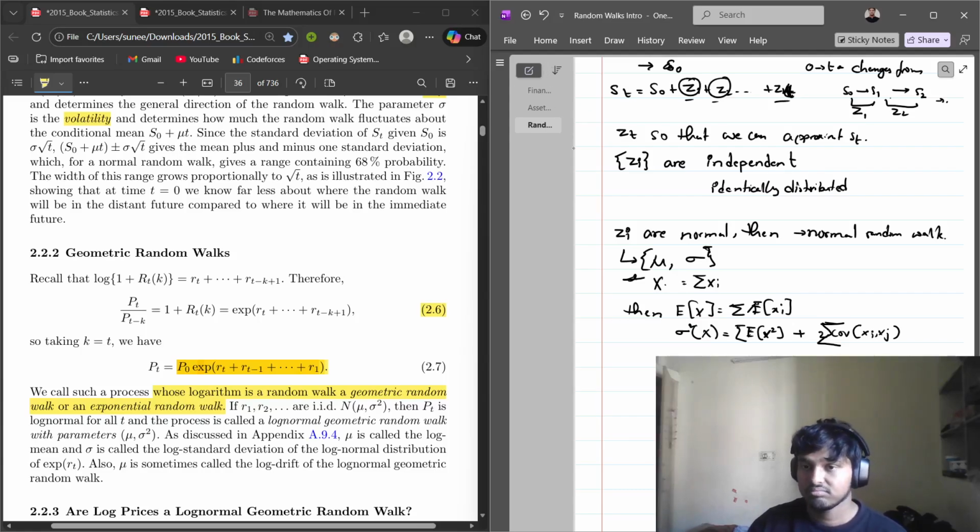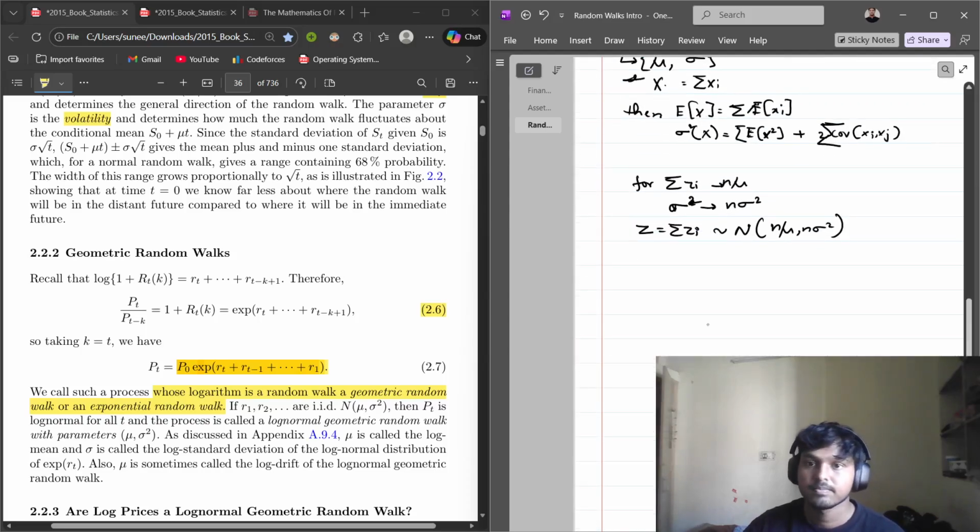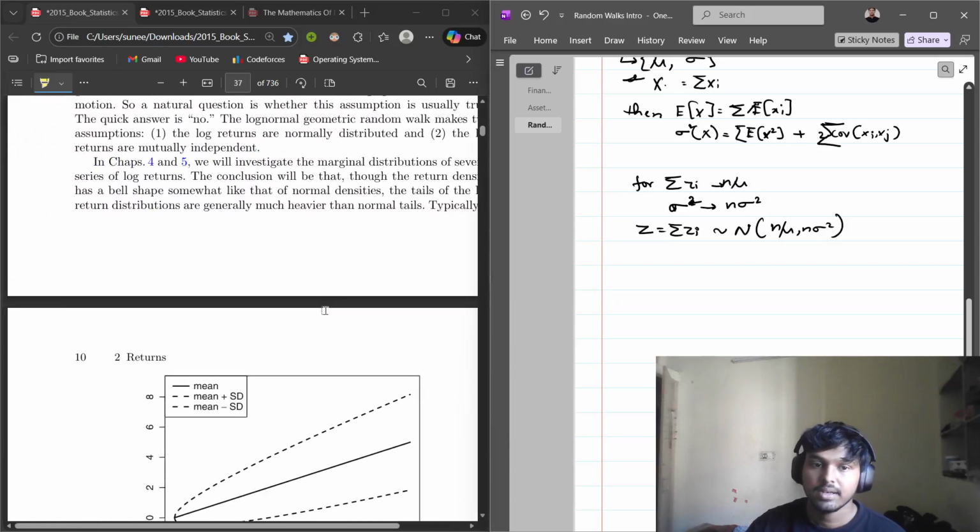So for the sum of Z_i, the mean becomes n mu, and the variance becomes n sigma squared. So Z, which is the sum of the Z_i, is now normal, if you consider it as normal.